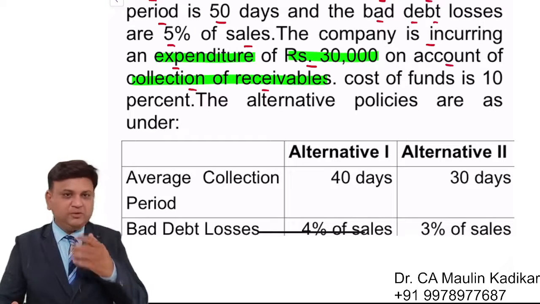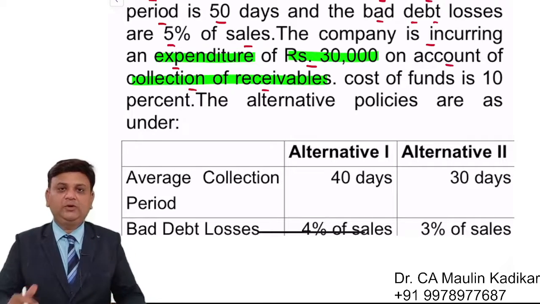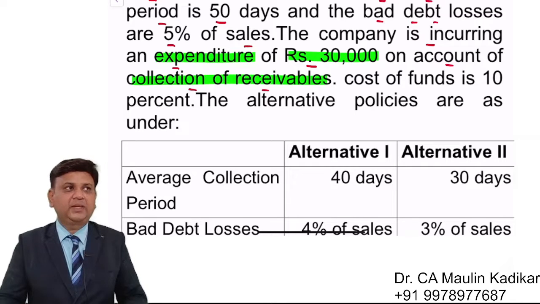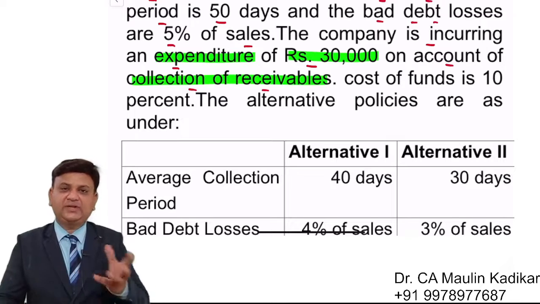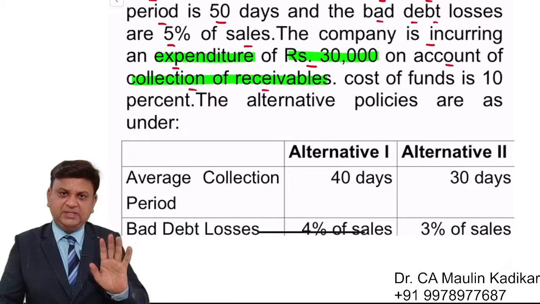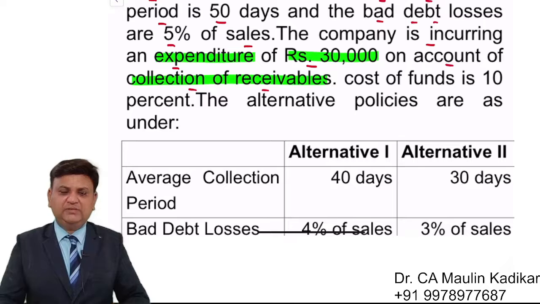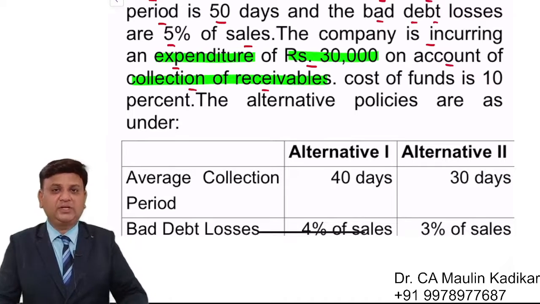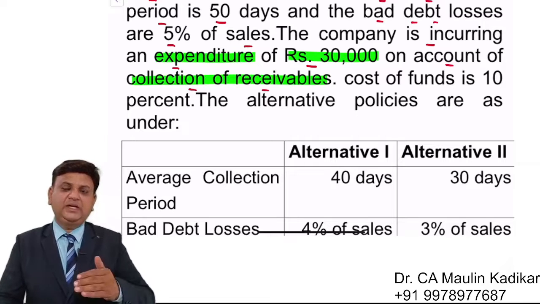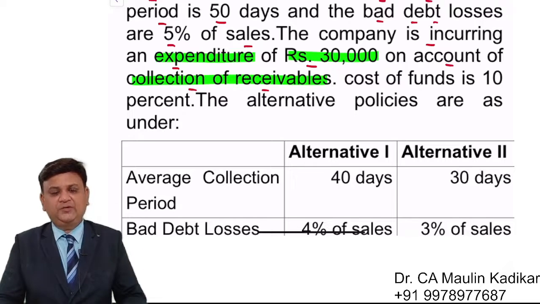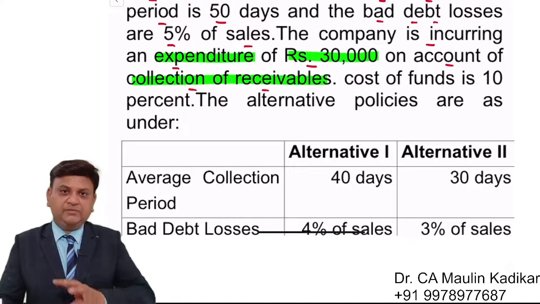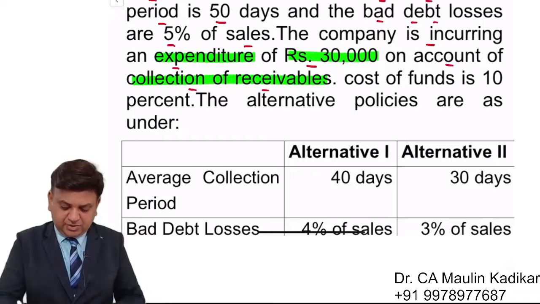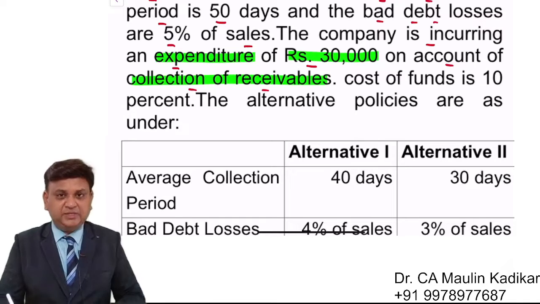That includes the payment to the staff members who will look after the collection work, maybe some infrastructure expenses for sending reminders, and even the payment to the lawyers if at all we sue any of the customers for the recovery, whatever the legal charges for the legal proceedings for recovery, all of them in total is an amount of 30,000. That is what's provided to us.